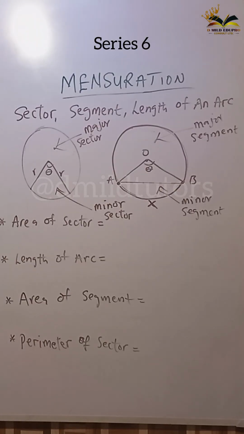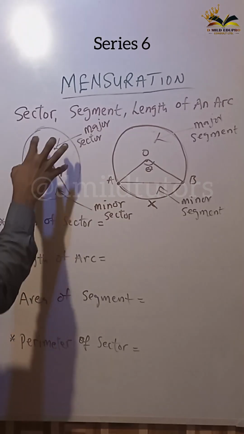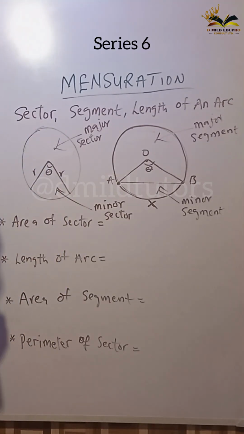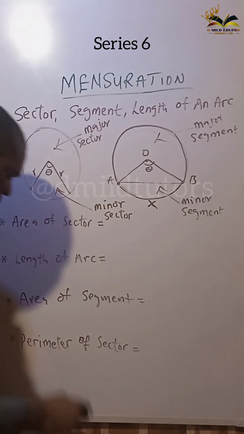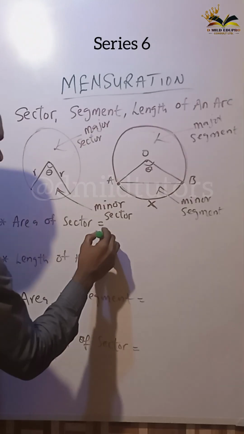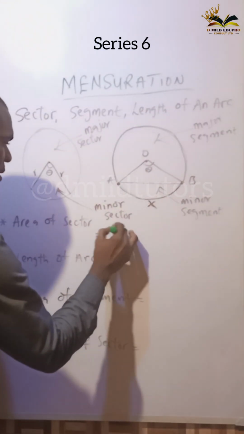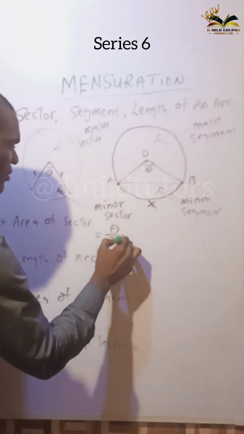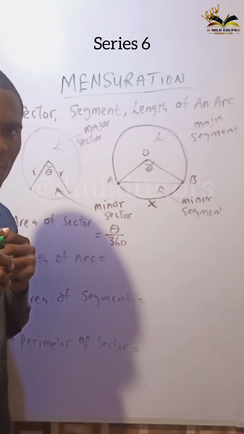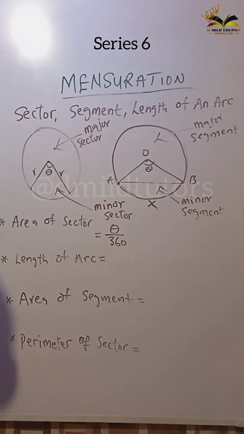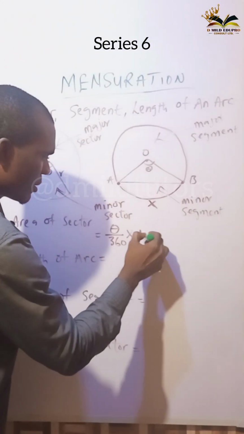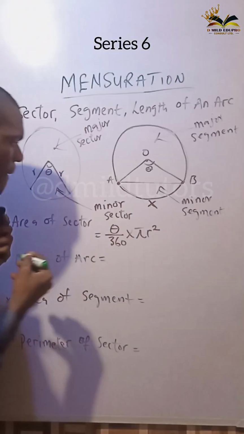Now, the first thing we will need to look at is the area of a sector, meaning we're going to be looking at this part here. Area of a sector is given as theta over 360 degrees times pi r squared.